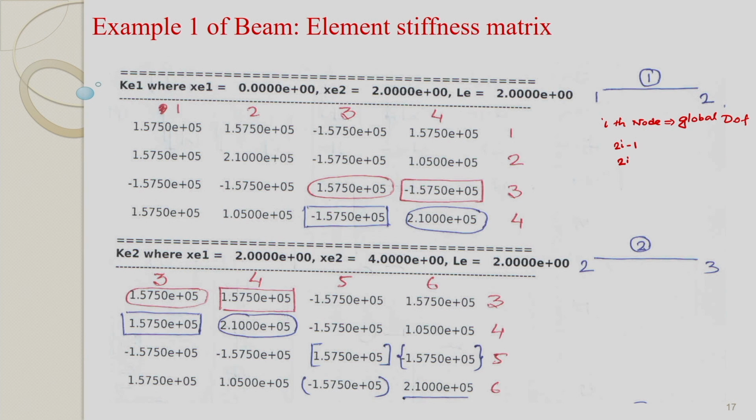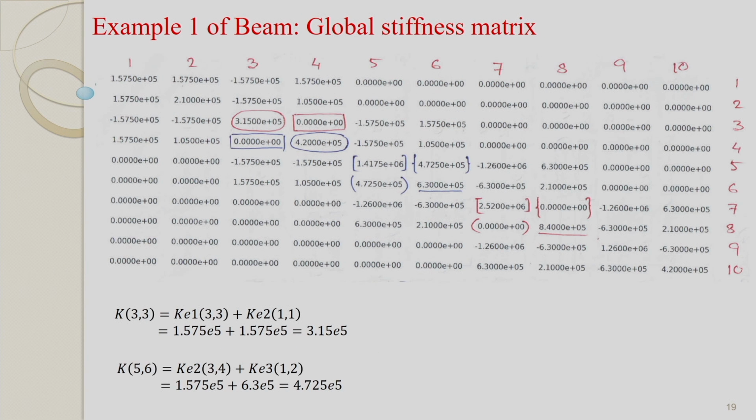Similarly, that holds for other entries also, like third row fourth column with a red square. Similarly, third row fourth column with this. Now, if you add these two, that will be 0. So, in your global stiffness matrix third row fourth column is 0.